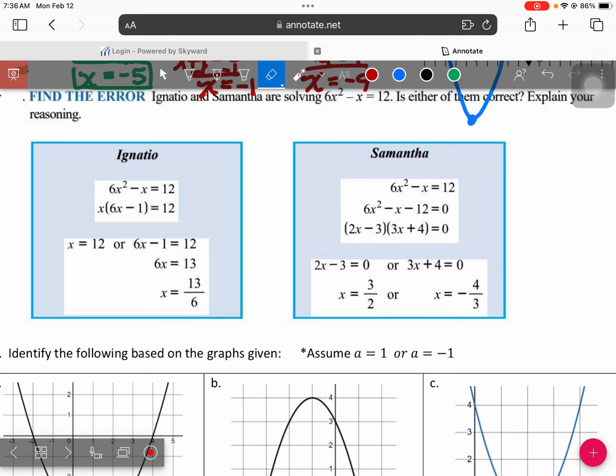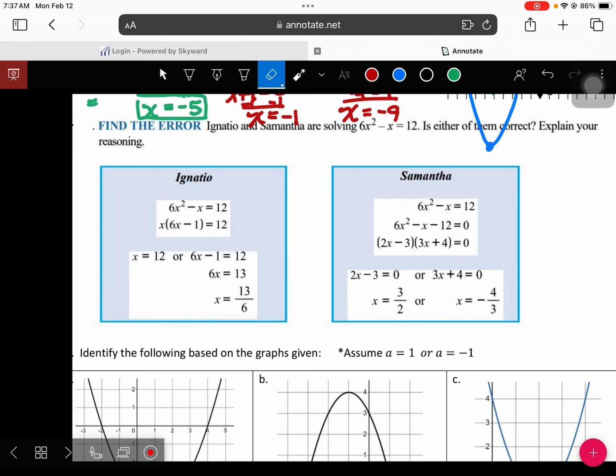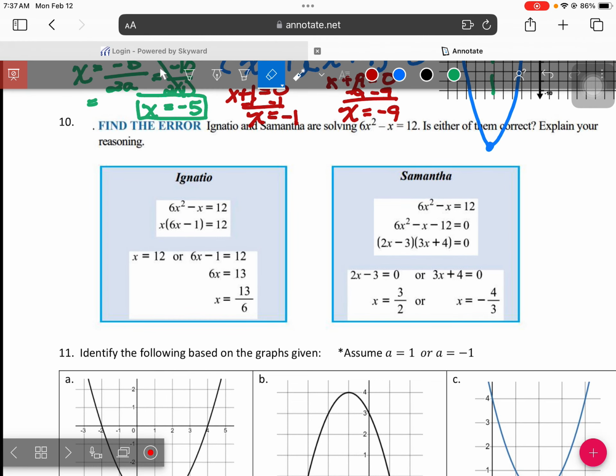So there's a big difference there. Based on that, do you see an error?